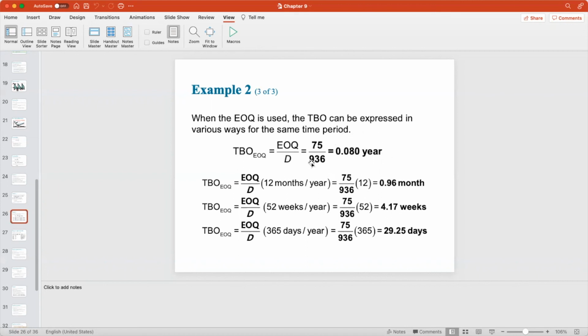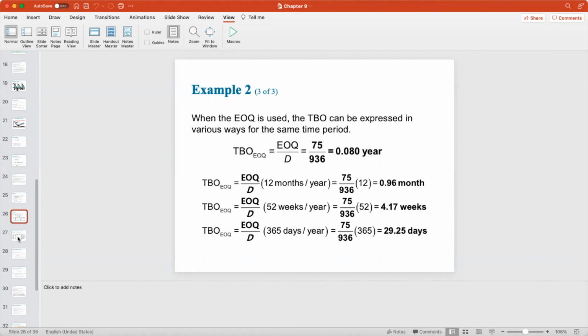Since this annual demand's unit is year, it is very easy for us to transfer this value to, for example, a months value, a weeks value, or a days value. If we base it on days, you can see that the TBO here is 29.25, which indicates that between two specific orders, the time period is 29.25 days, which is very close to 1 month.